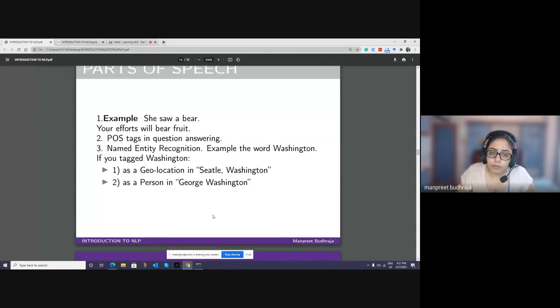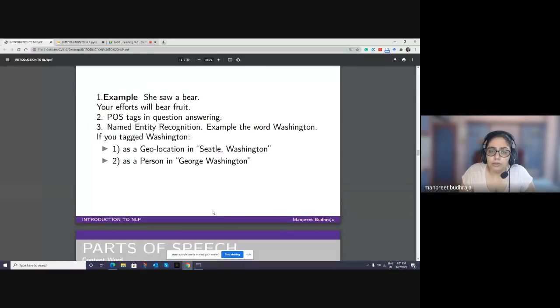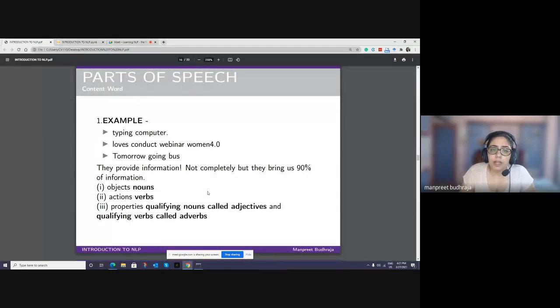So these are the POS tags we studied in school, which are mainly conjunctions, verbs, adjectives, interjections, and superlative adjectives and comparative adjectives. So these are all the parts of speech that come in this. There are two types of part of speech. One is content words. Suppose you see typing computer, loves conduct webinar, tomorrow going bus.